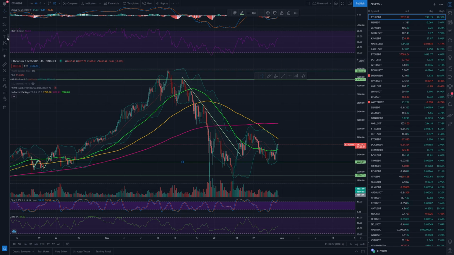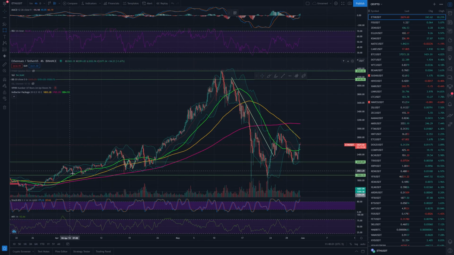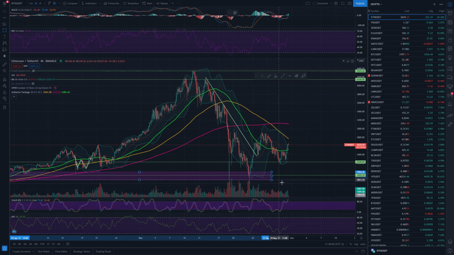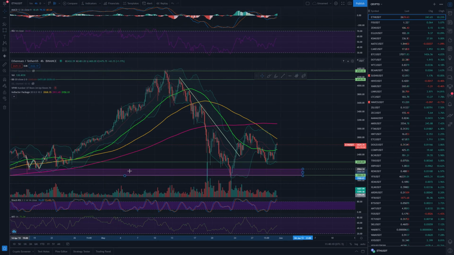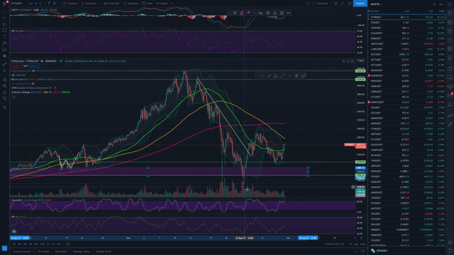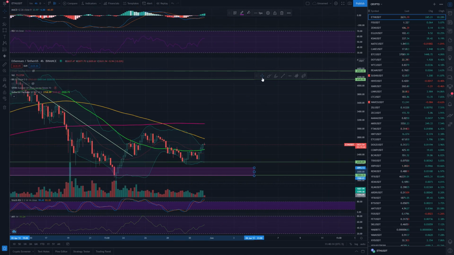Now I want to talk to you about something like DCA, what I like to call dollar cost averaging. As you can see here, in these areas especially, we would have a strong reversal. So these areas are where you do something called dollar cost averaging.